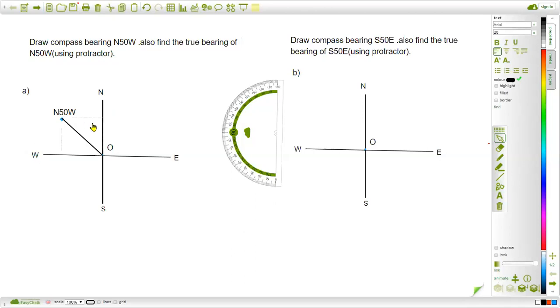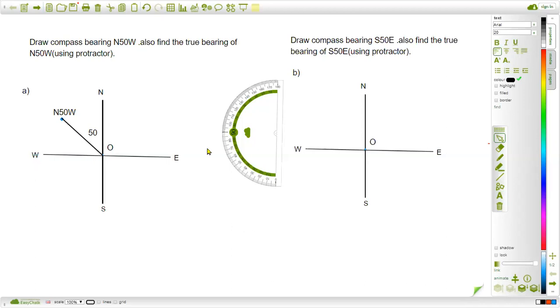This angle is exactly 50 degree. Let me write here, this angle is just 50 degree. This angle is exactly 50 degree, and we have to move towards the west.